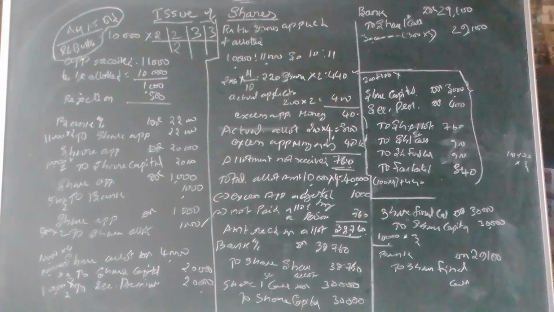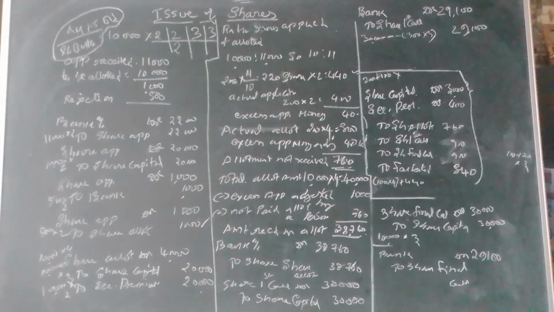Then forfeited shares account credited, that is the amount already received. How much amount was already collected? For 100 shares, application and allotment were collected, and for 200 shares, only application was collected. So the total of these two comes to 800 rupees.